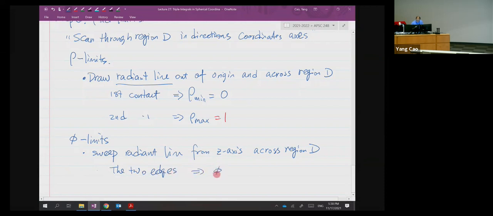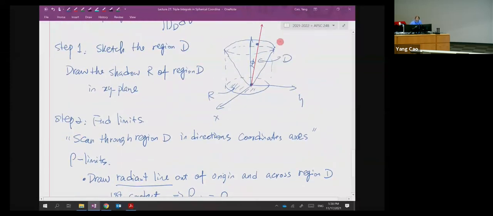One will give you phi min, and one will give you phi max. In this case, one is 0, and phi max is the angle. You can draw it over here, or over any edge, it doesn't matter. From the z-axis to the edge on the surface of the cone, whether you choose this line or this line or this line, they're all the same phi angle, phi max, and that's given directly by the cone surface.